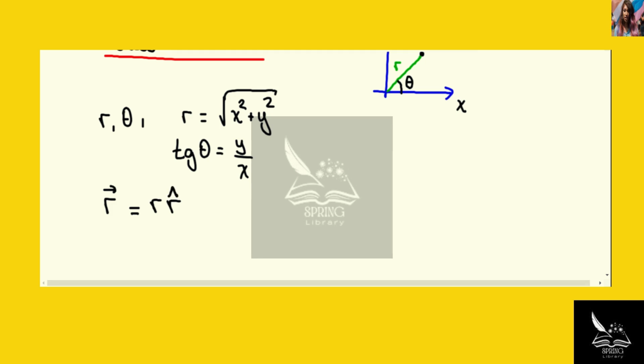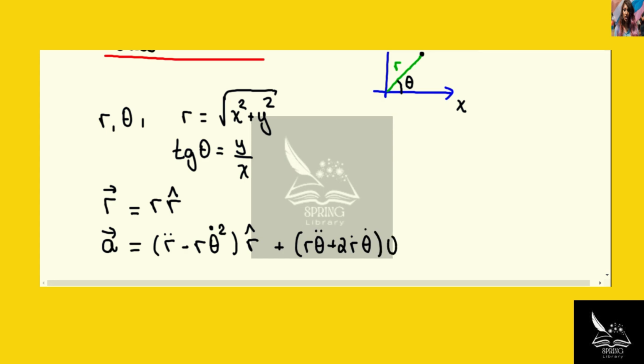Okay, and you can differentiate this equation 2 times in order to obtain that the acceleration of this particle is equal to the second derivative of r, so r with these two dots on the top, minus r theta dot squared in the r direction, plus r theta 2 dots plus 2r dot theta dot in the theta direction.